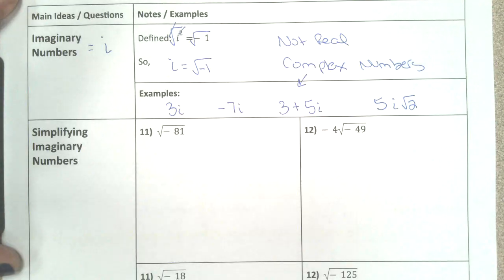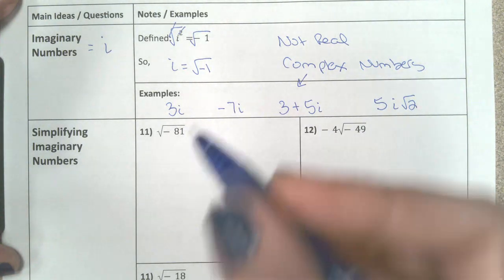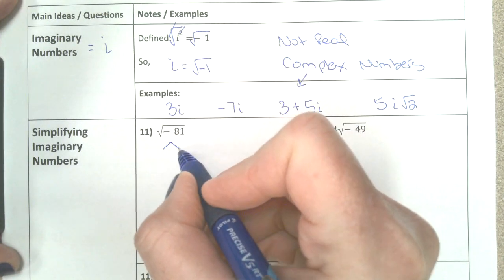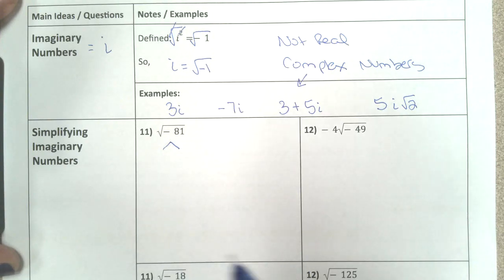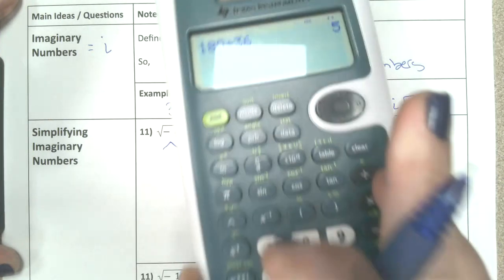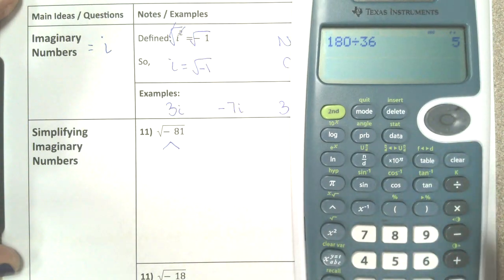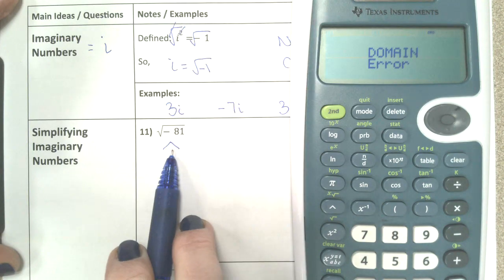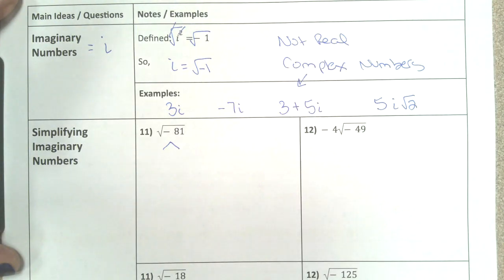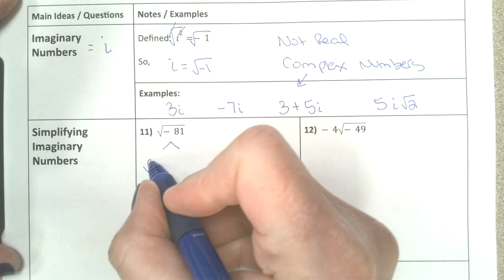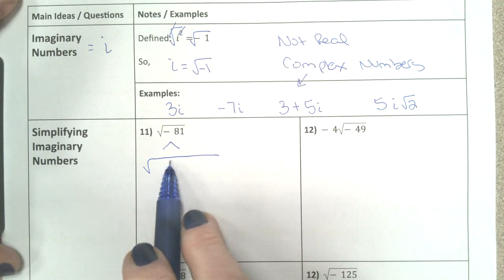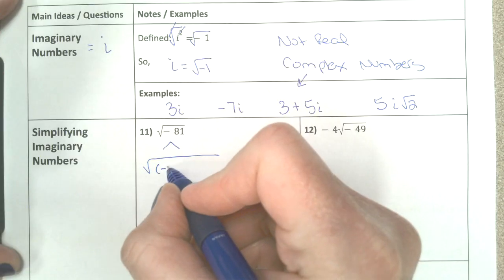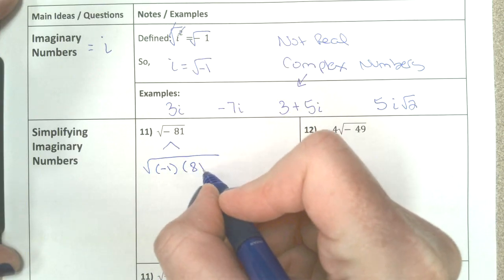I'm going to simplify the square root of -81. Anytime you have a negative number, like maybe back in algebra 1, if you put in the square root of -81, you get domain error. So you are allowed to say no solution. In algebra 2, you're not allowed to say no solution anymore. So I'm going to rewrite this as the product of -1 and 81.